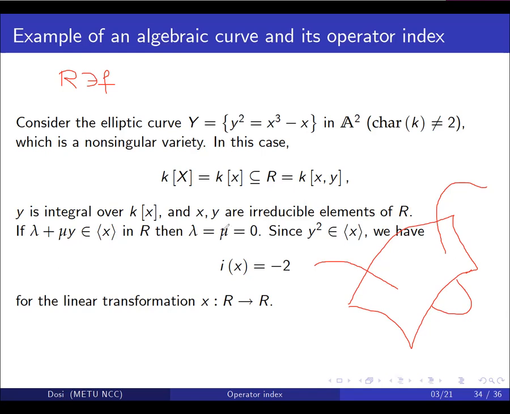Our result states that the index of this transformation f in the coordinate ring R is exactly calculating these intersections up to their multiplicities. You know, the curve could cross twice at the same point, go like that.